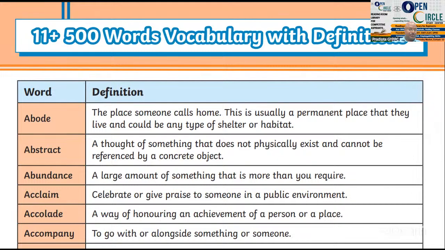Okay. So the first word, abode. Abode is a noun. Abode refers to home or house, जहाँ पे लोग रहते हैं. You have got a nice abode. Abstract. Abstract is a noun which refers to a summary. Saransh. Summary. So sentence. The abstract on this paper was very interesting.